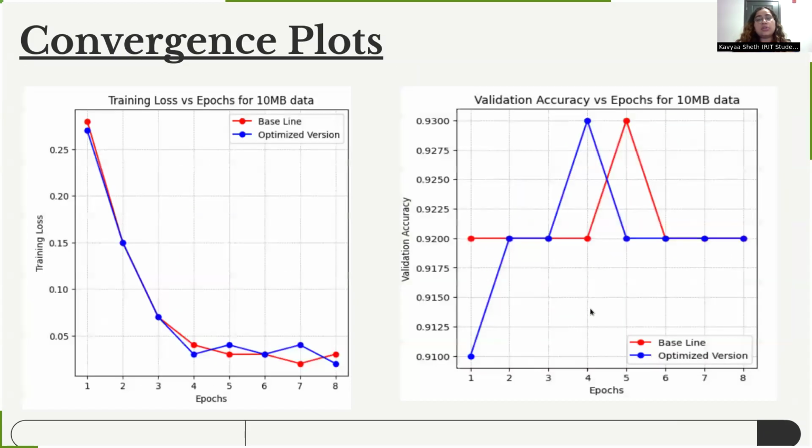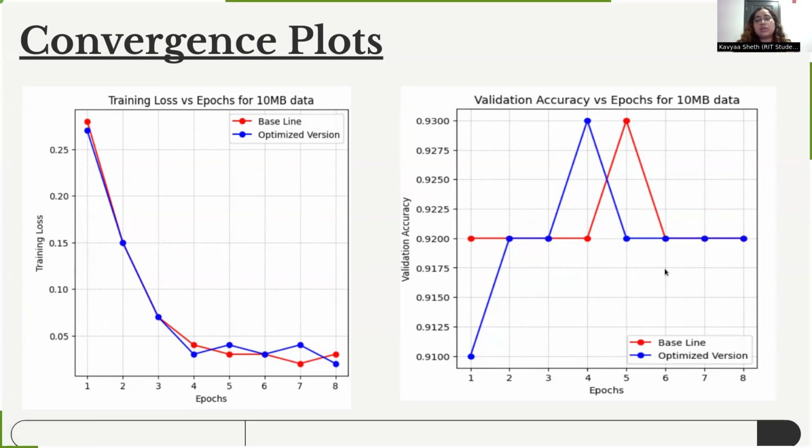A similar trend is also observed for the 10 MB data. So even though no convergence is achieved within 8 epochs for the baseline and the optimized version, you can see that the value of the optimized error at epoch 4 is equal to the value of the baseline error at epoch 5.